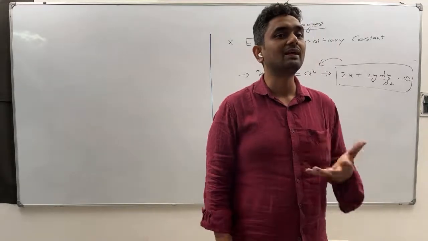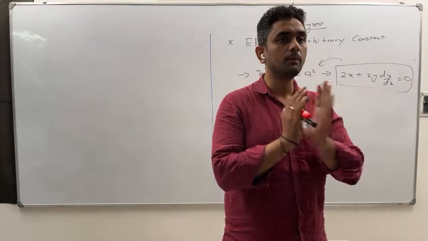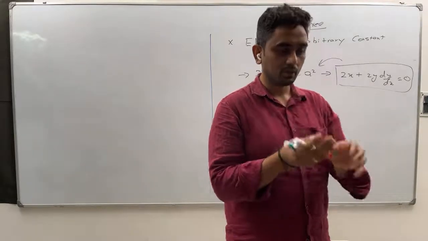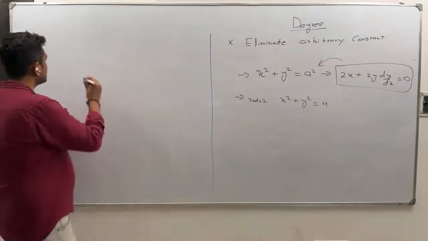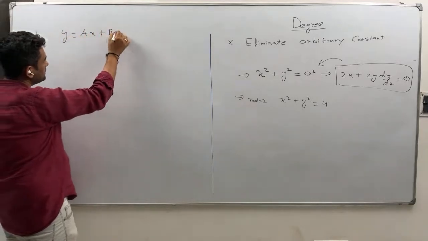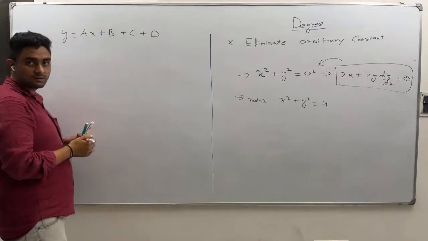But before you start eliminating it, always remember one thing. Try to write in the minimum form, like minimum possible arbitrary constants. See, for example, suppose you have to do this: y equal to ax plus b plus c plus d. Now, how many arbitrary constants are there?